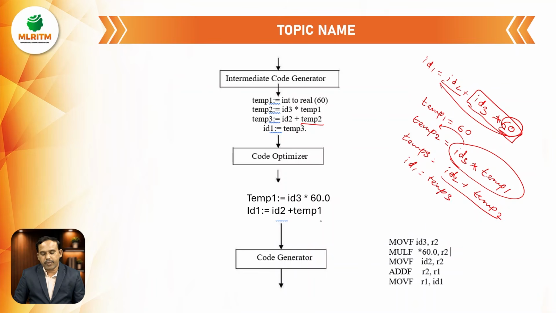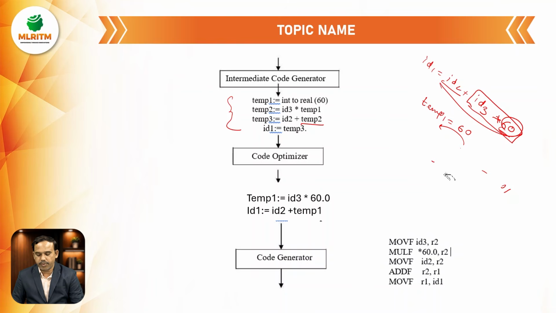So the intermediate code generation generates the intermediate code.